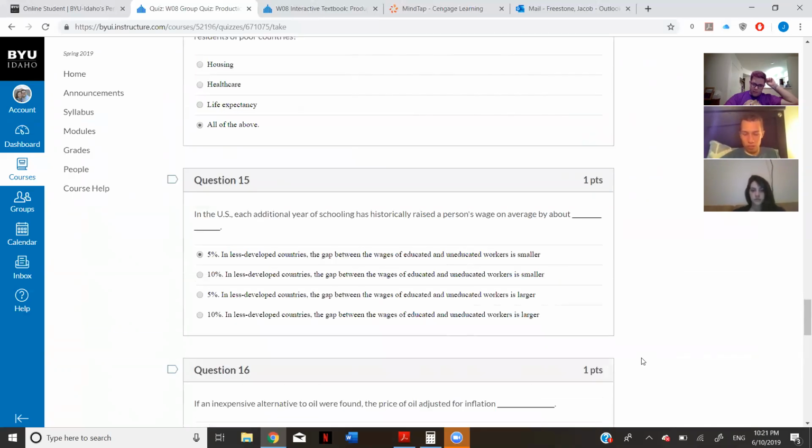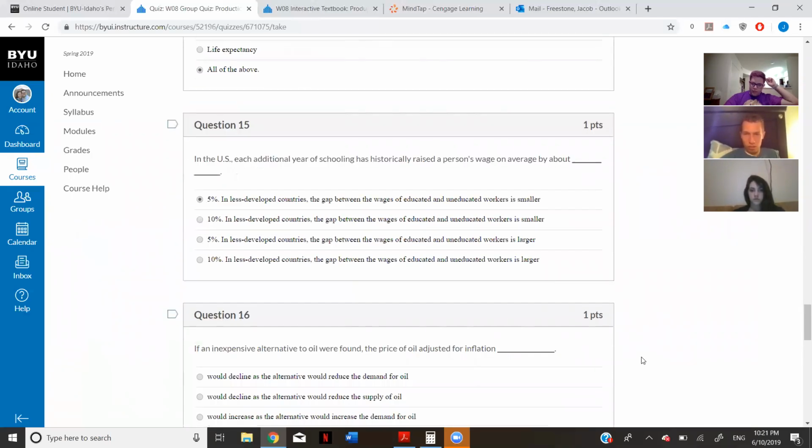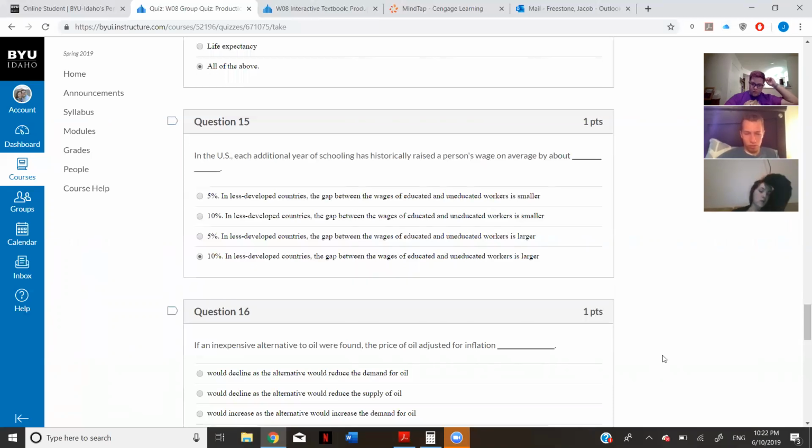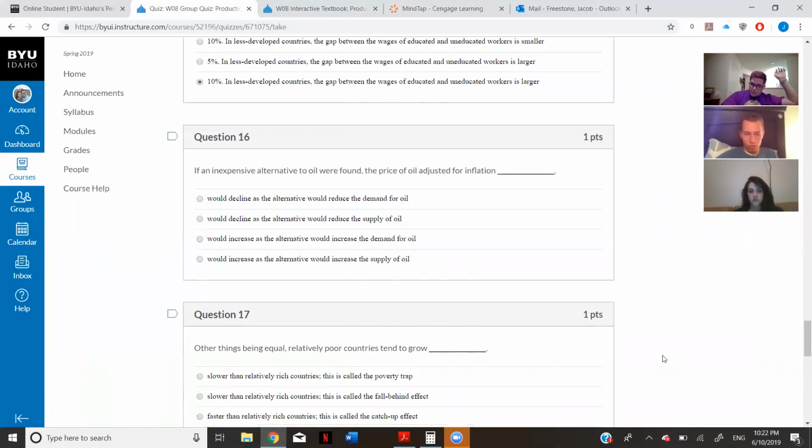All right, question 15. In the U.S., each additional year of schooling has historically raised a person's wage on average by about what? I put D. Yeah. Cool. 16.